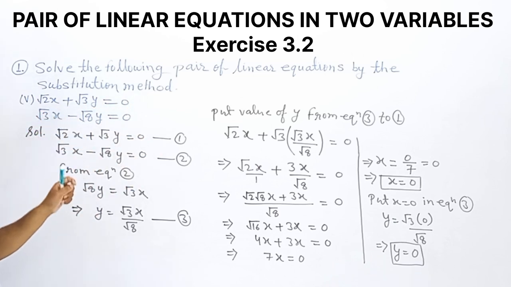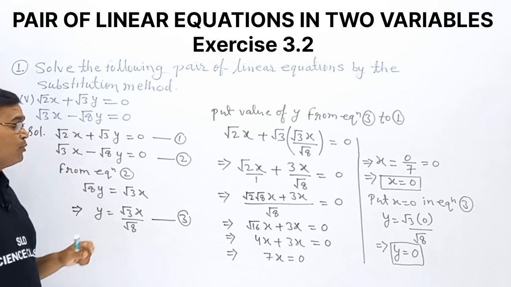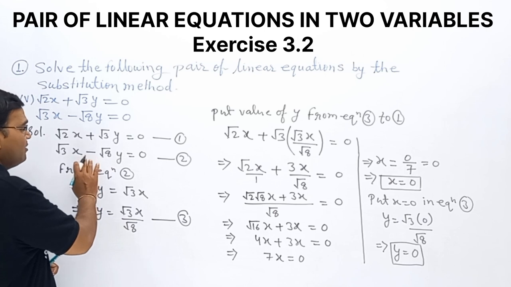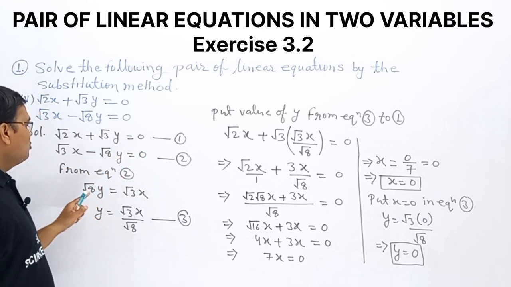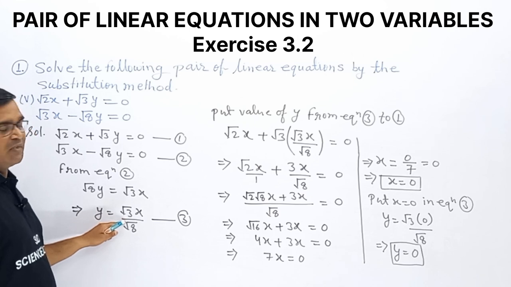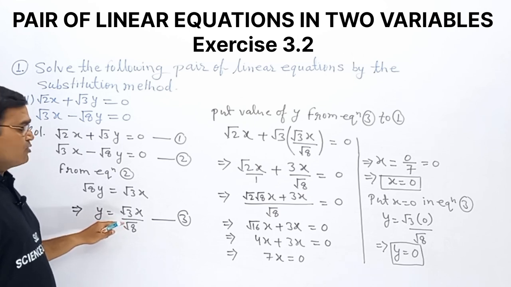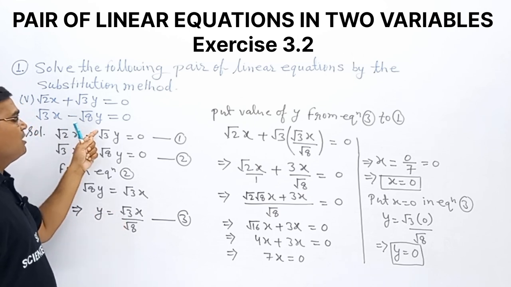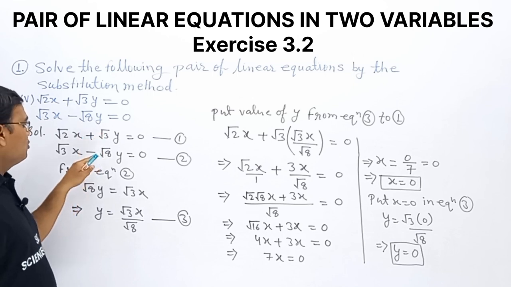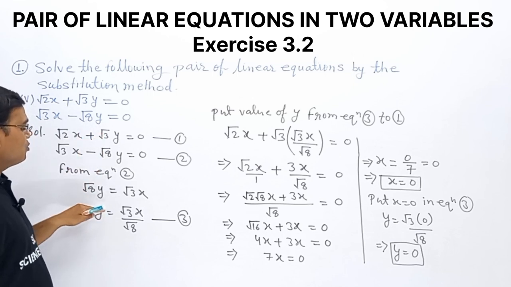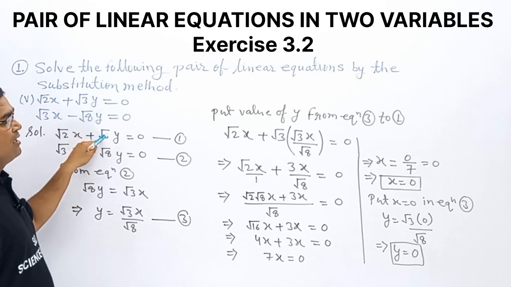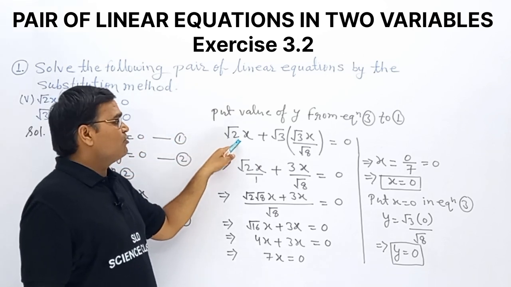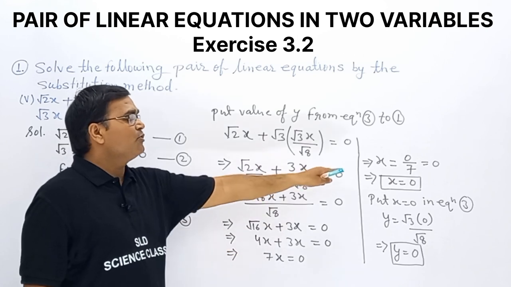From one equation we solved for one variable, y. Then we substituted this value in equation 1, got a one-variable equation, and solved for x, which is 0.